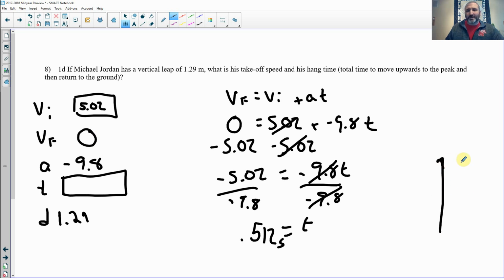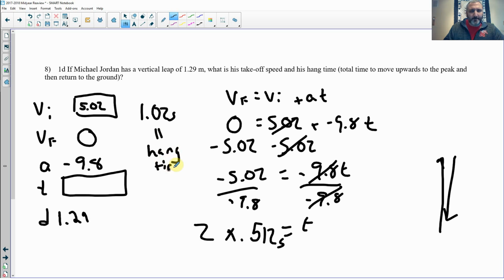But we're interested in the time it takes him to go up and come back down, so we're going to multiply this by 2, because we know the time up is the time down, and we should end up with just over 1.02 seconds of hang time, even though the time up or the time down is 0.512 seconds.